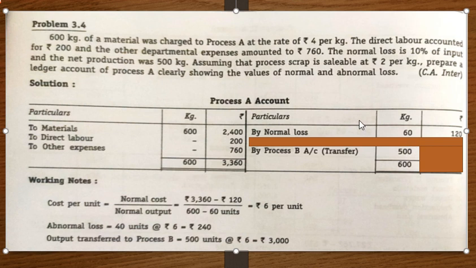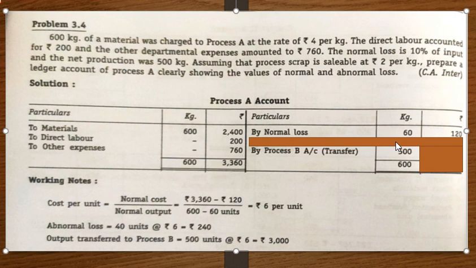Your input is 600 and your output is 560, so there is a difference of 40 units. As I've told, when your input is more than your output, that means there is a loss incurred, because you are introducing 600 units and getting 560 units. That means something has been damaged, which is your loss.